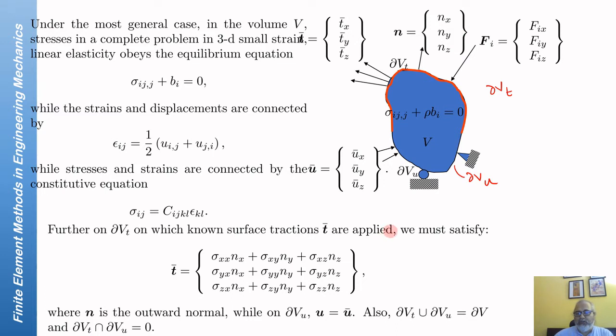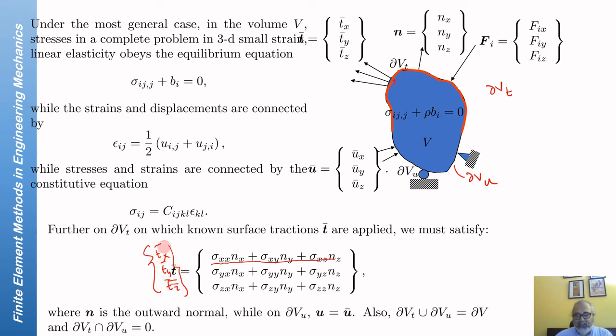On part of the boundary delta Vt, you have the tractions specified, and don't forget that the tractions are related through the Cauchy relations to the stresses right next to their point of application. So if this traction is known, the stresses right at the boundary have to obey this relation. So Tx bar, Ty bar, and Tz bar are the tractions.